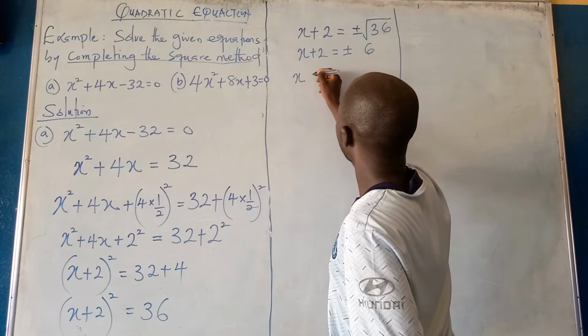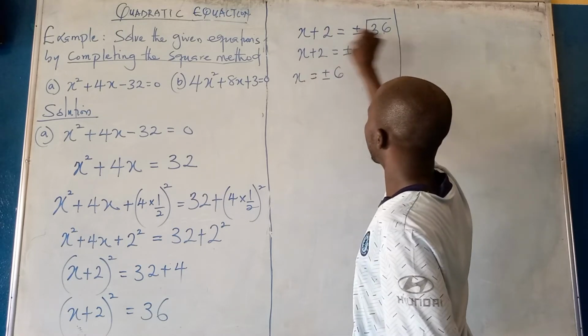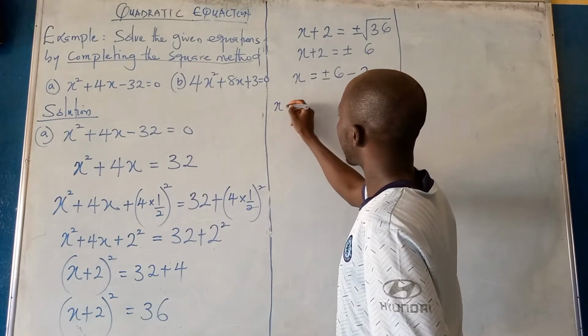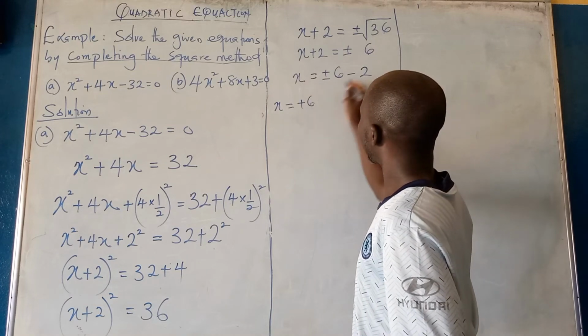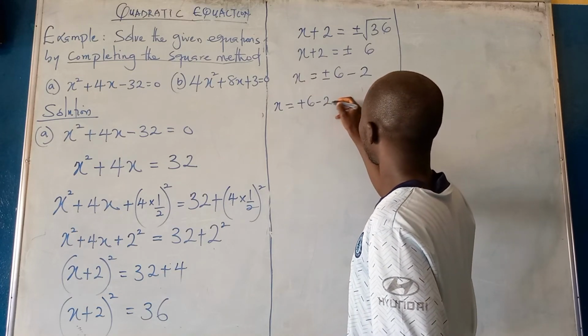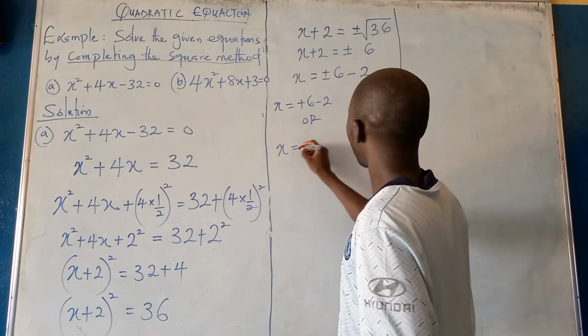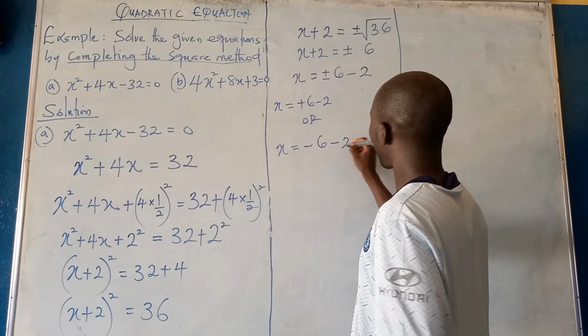Therefore x equals plus or minus 6, and taking the 2 to the other side, minus 2. Taking plus first, we have x equals 6 minus 2, or taking the negative side, x equals minus 6 minus 2.